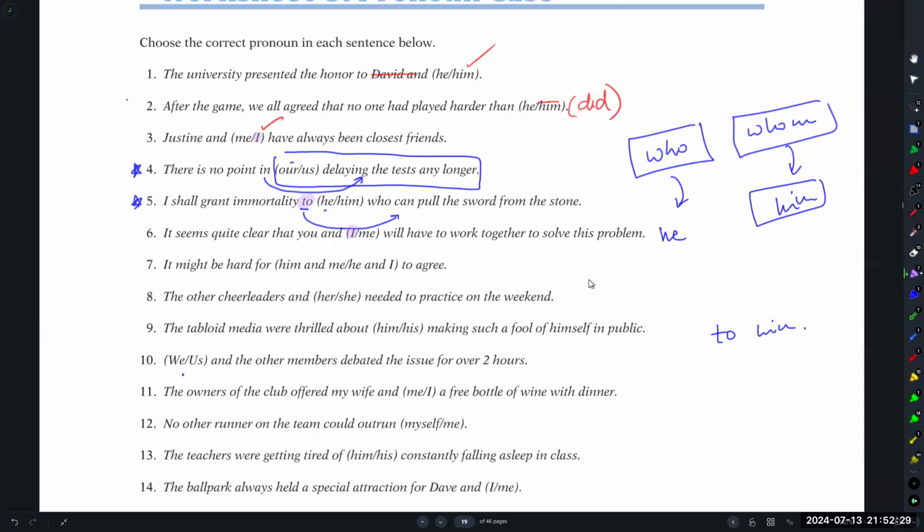Yeah, I. Okay, it might be hard for he and I to agree or for him and me to. If you have any confusion, kick out him and he and then read.